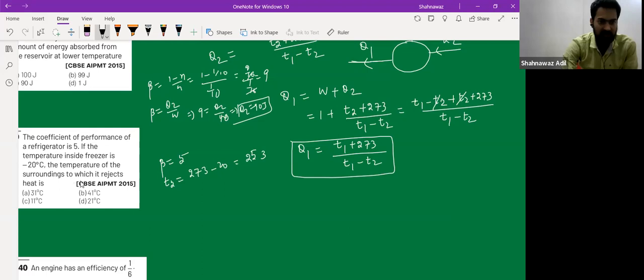So the temperature of the surrounding to which it rejects heat, we have to calculate T1, right? So again, the usual formula. That is why I keep saying, guys, that they ask you direct questions based on thermodynamics.